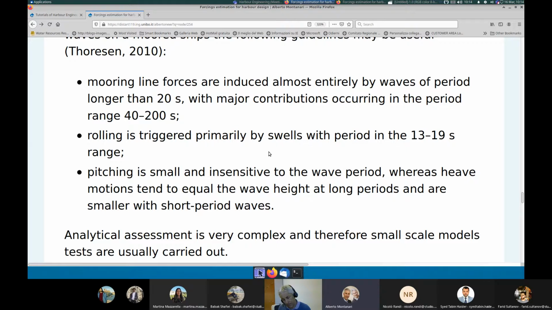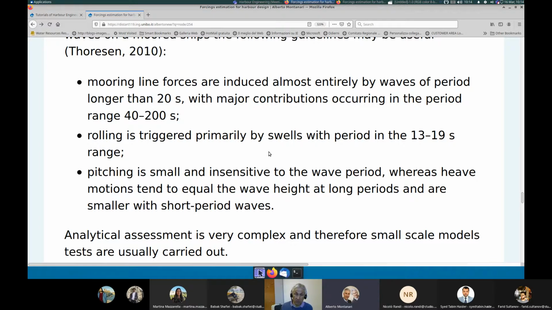For very complex situations, what we do is to make experiments in the lab, because sometimes you have different types of waves interacting, and the interaction may be nonlinear. So the linear theory can have limited applicability in this case.